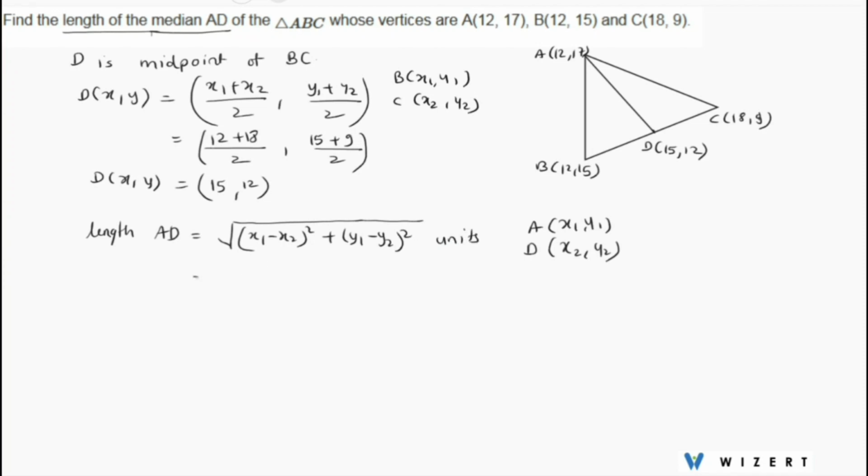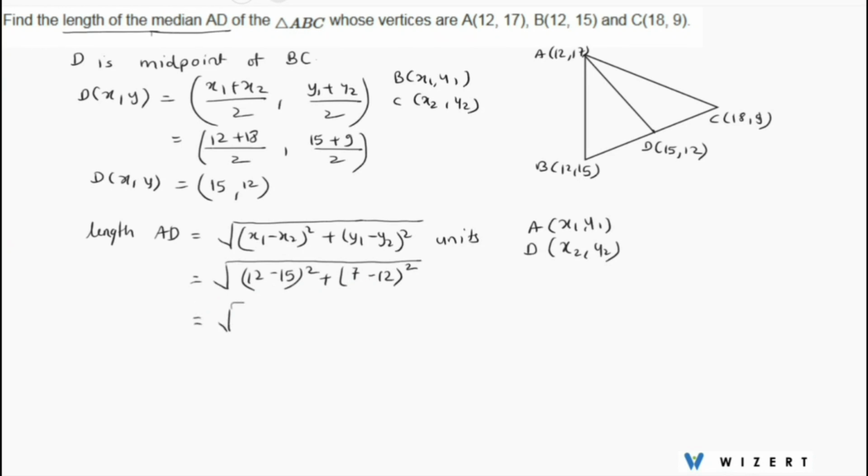Now we have the square root of (x1 is 12, x2 is 15, so 12 minus 15) whole square plus (y1 is 17, y2 is 12, so 17 minus 12) whole square.